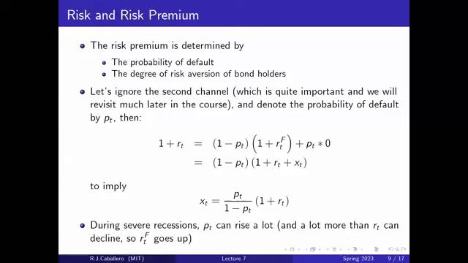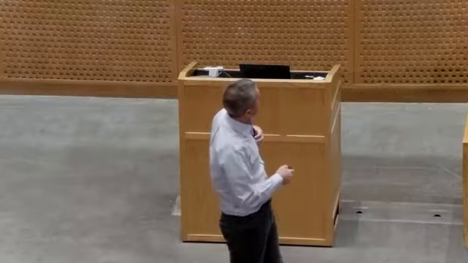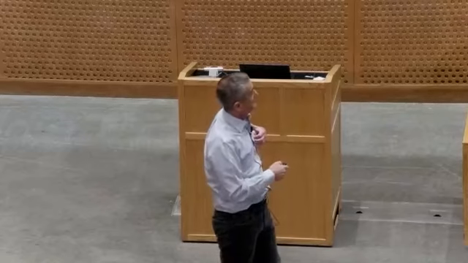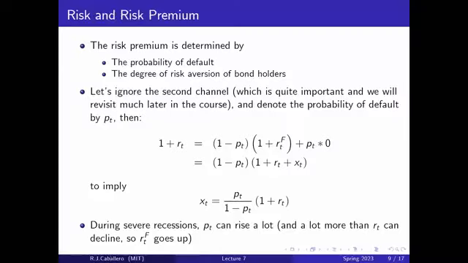And the spread will have to adjust so I am indifferent between these two things. It's obvious, if the probability of default is greater than 0, that this RF is going to have to be greater than RT, because otherwise I don't want to invest in a bond that pays me the same as that, and on top of that, I can experience a default occasionally, not get my money back.